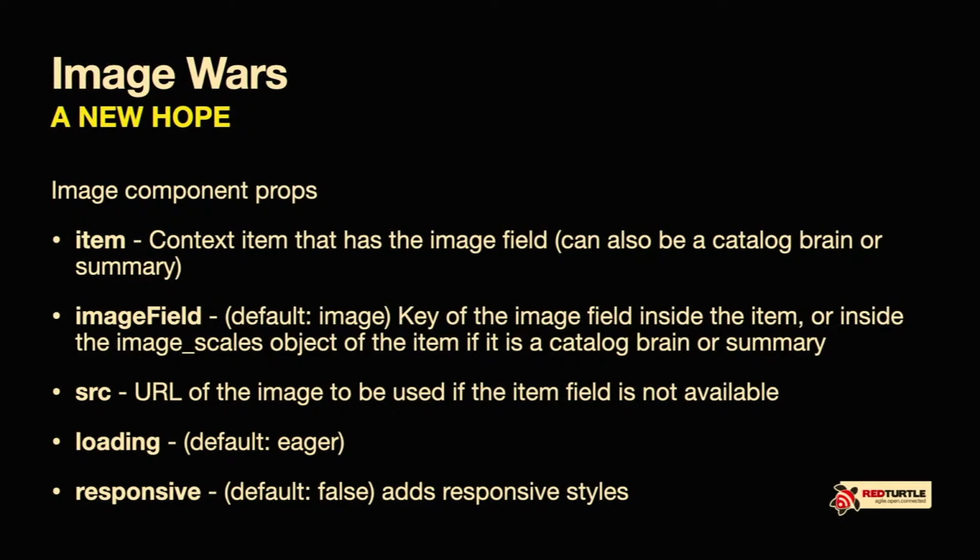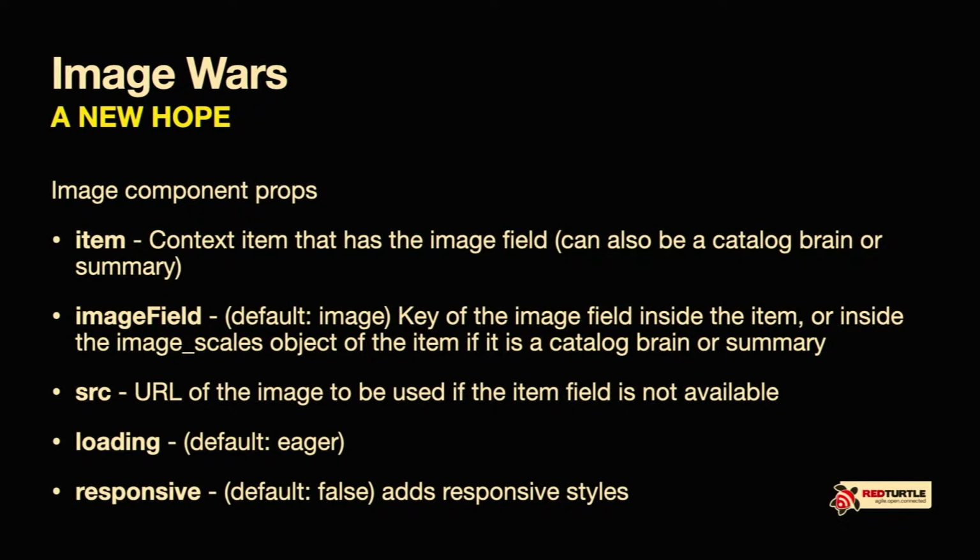The item, of course, as I said, can be a context item or a catalog brain. Image field, why is image field there? If you have a news item or an event, they have an image in their schema, and the field is called image. But what if you have a custom content type with a different name or more than one image field?